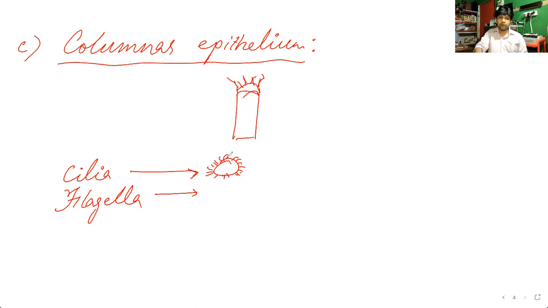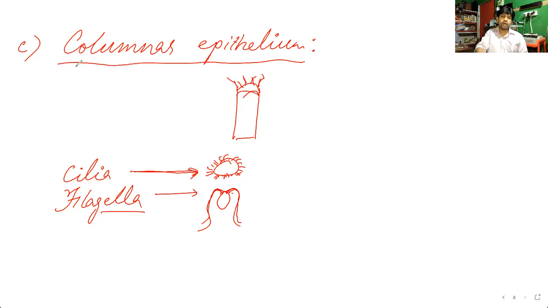So this type of short hair-like structures are called cilia. And in some cells, not in all, you will get some long hair-like structures in their body, not more. Cilia are more in number, but these are less in number. So these long hair-like structures are called flagella. So cilia and flagella, both of them help the cell in their movement, or you can say they help them to swim in some liquid, maybe in water.